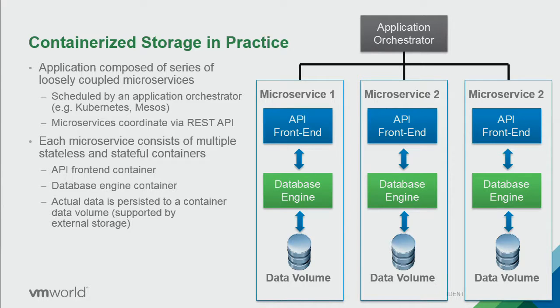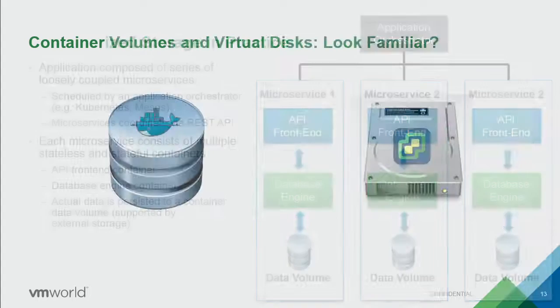And then all of the actual data and transactions are persisted out to some external storage. And again, that external storage could be local host storage, but more likely you're going to want to put this on some kind of external storage platform in order to take advantage of the data services, snapshots, clones, replication, et cetera, of that storage platform. So this is the model that we're starting to see work more and more in a production-capable environment.